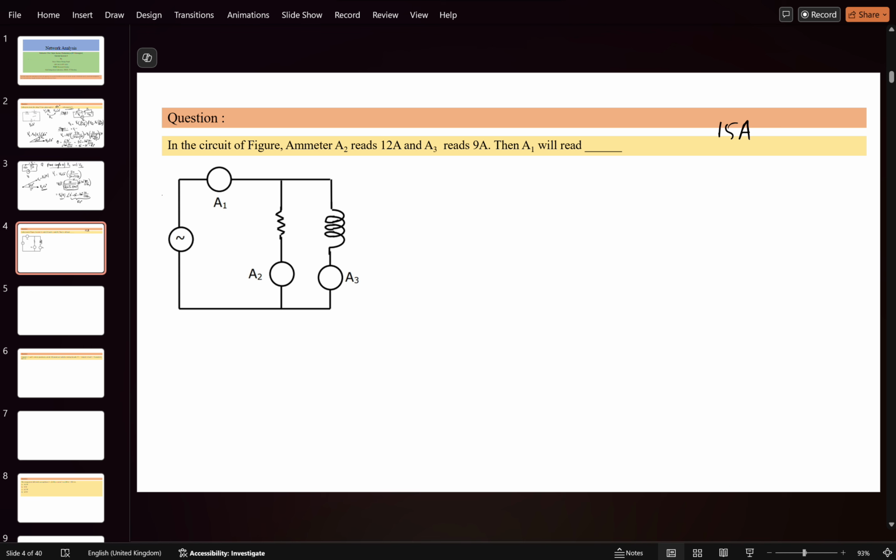You cannot just add or subtract these currents; see them in terms of phasors.